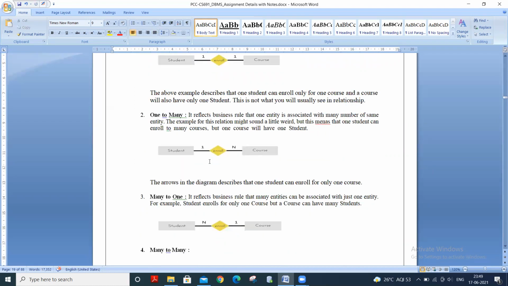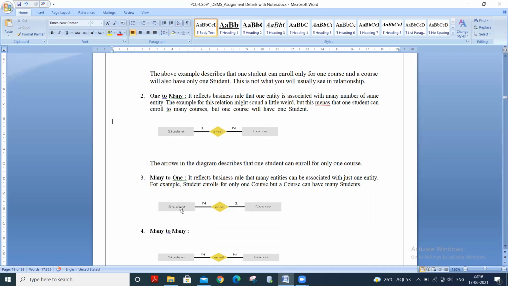Okay. Then next one is one to many. It is very general, like I have said in previous, that one student can enroll in many courses, or many students can enroll in one course. Like one student can enroll in BTech, also other virtual courses in separate institutes.